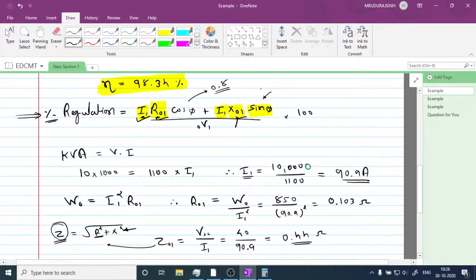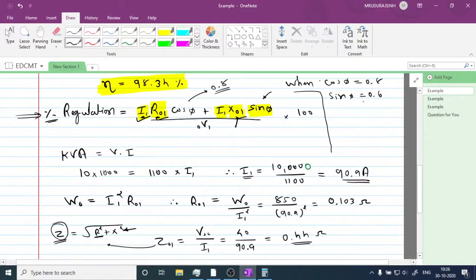It is very simple, that you need to remember this. When cos phi is equal to 0.8, sine phi is equal to 0.6. And let me show you the process to calculate this. If you want to calculate how, when the cos phi is 0.8, sine phi is 0.6, you can follow this procedure.